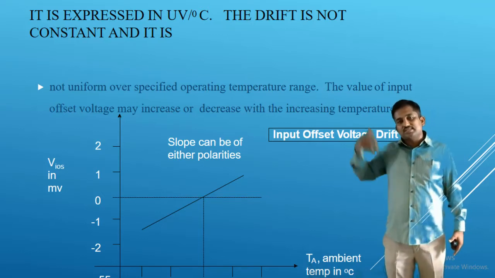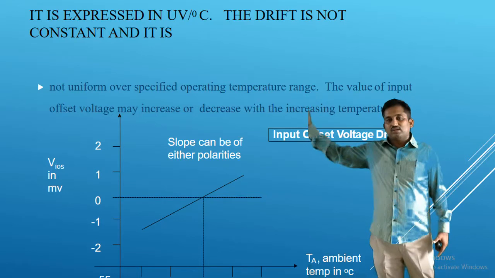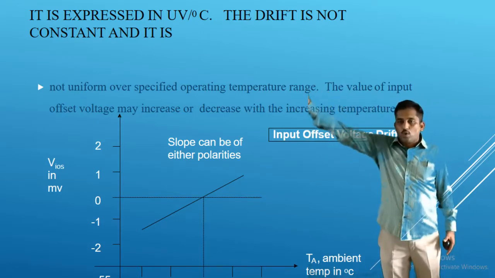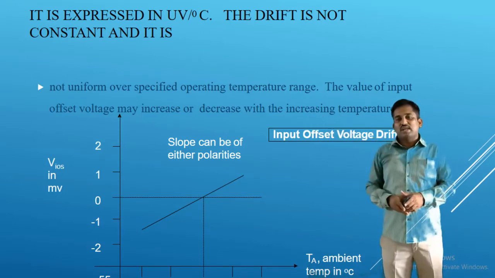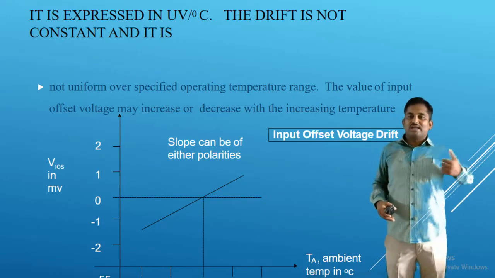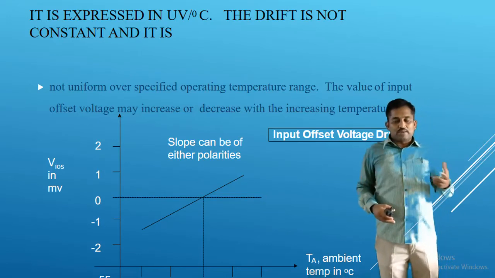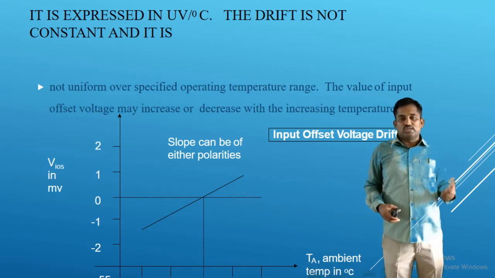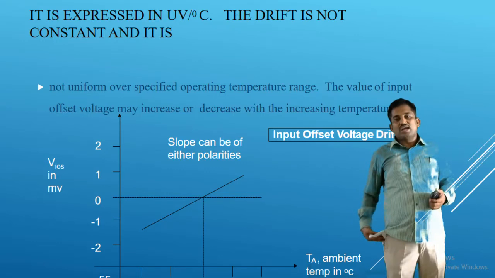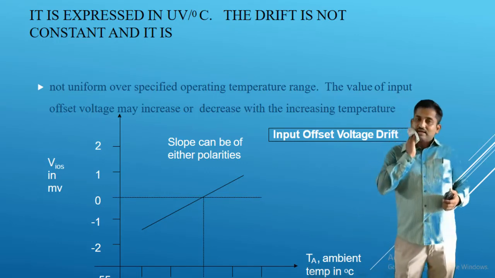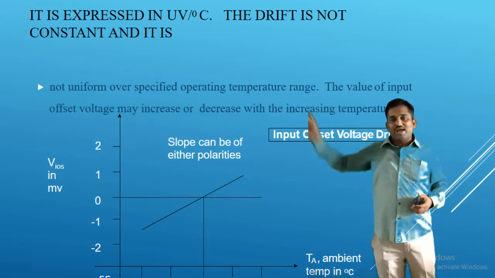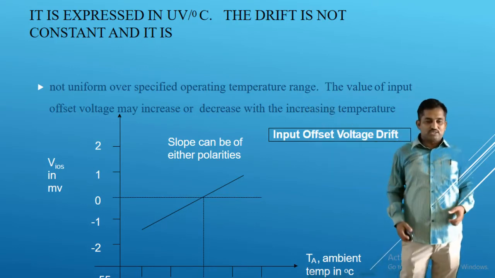If you increase the temperature above room temperature, you get a positive slope curve, and if you decrease the temperature below room temperature, you get negative input offset voltages. So the slope of the curve may be positive or negative, depending upon whether it is a high temperature value or a low temperature value.